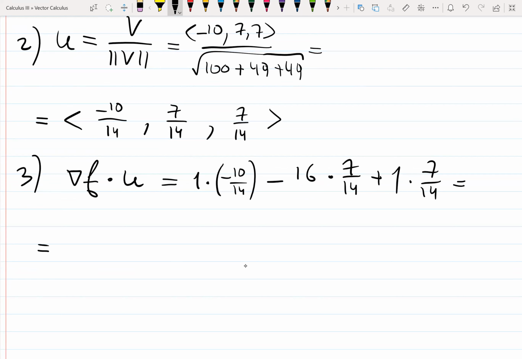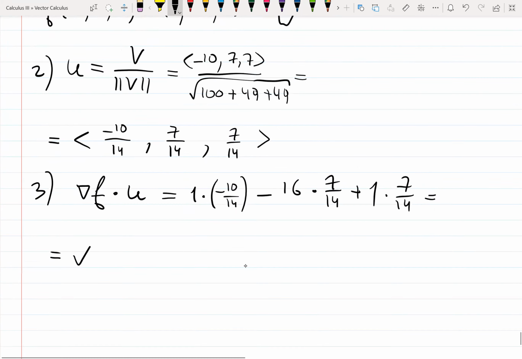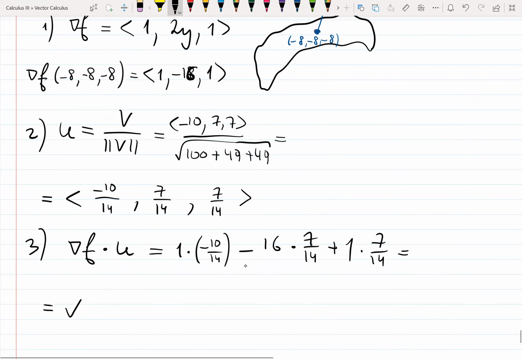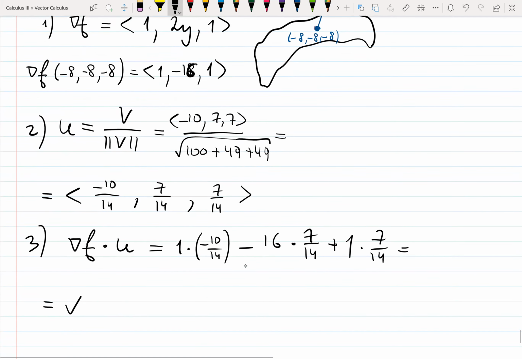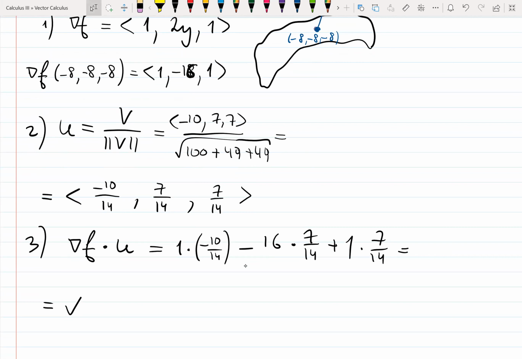Professor, isn't it supposed to be root 198 instead of 196? Yeah, you're right. What is root of 198?